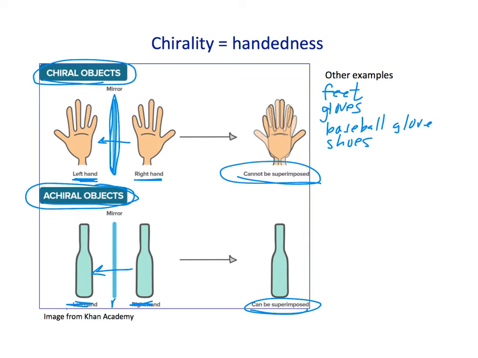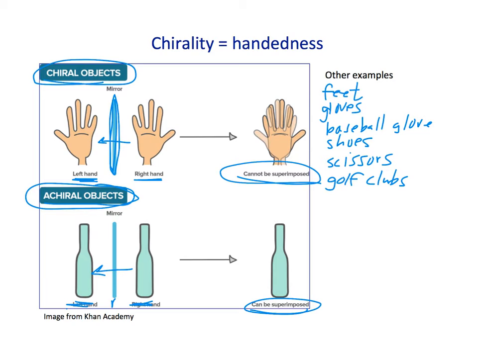Shoes. What else could be chiral? Well, a good example is scissors, right? You can have right or left-handed scissors. Golf clubs. They could be right or left-handed. So any of these objects are chiral because they would be different from their mirror image.